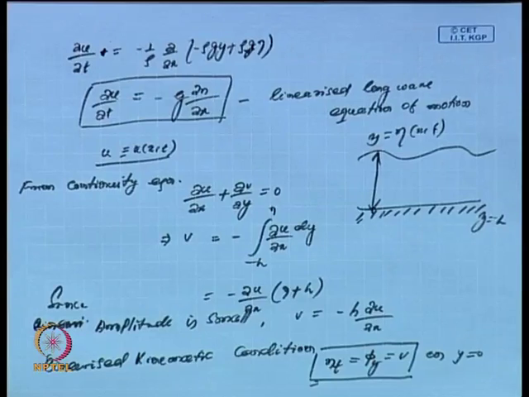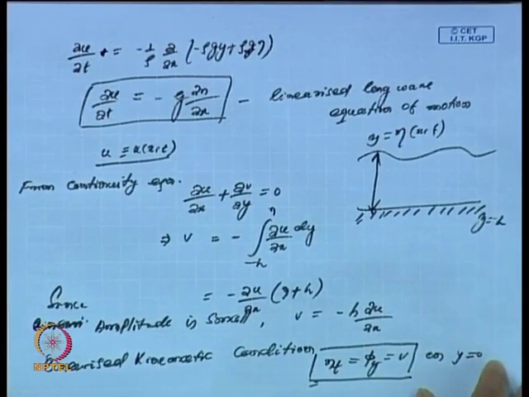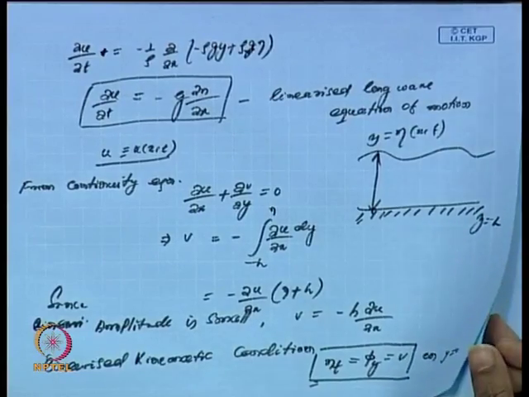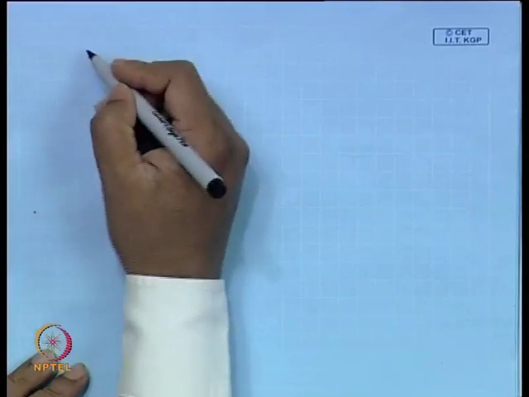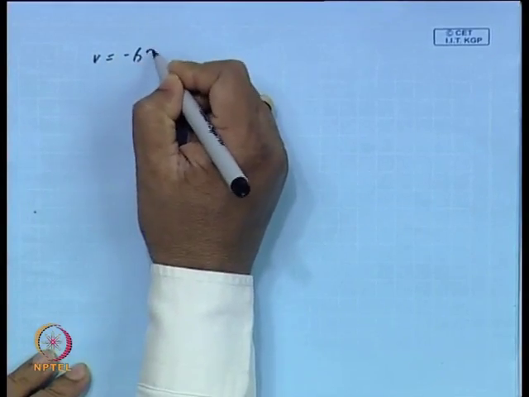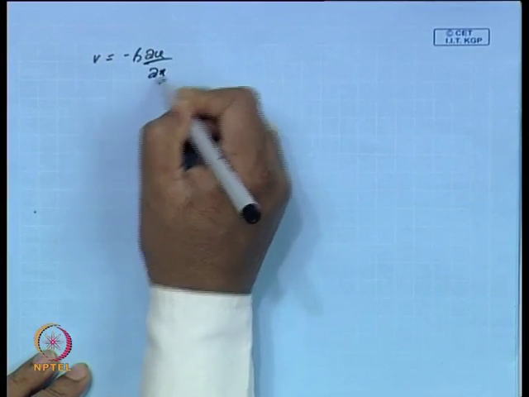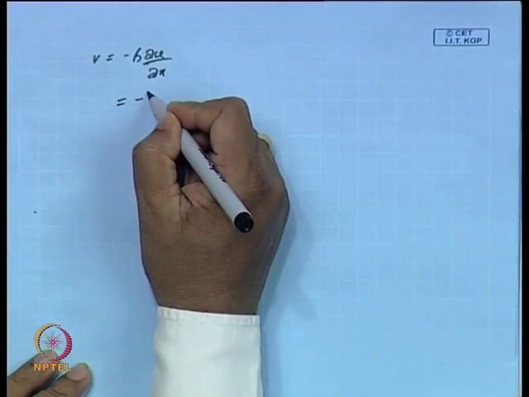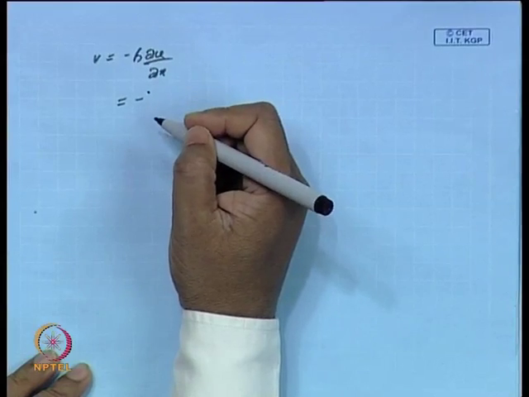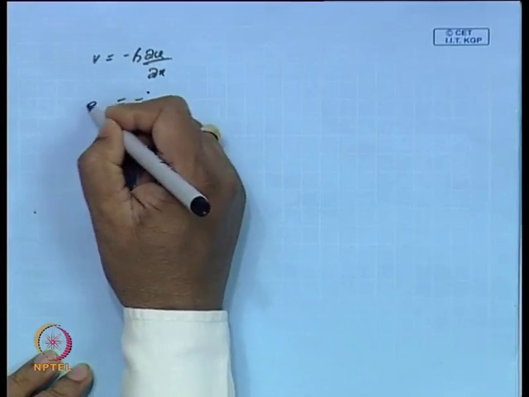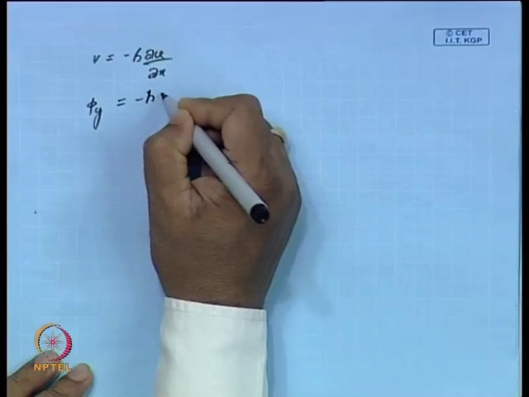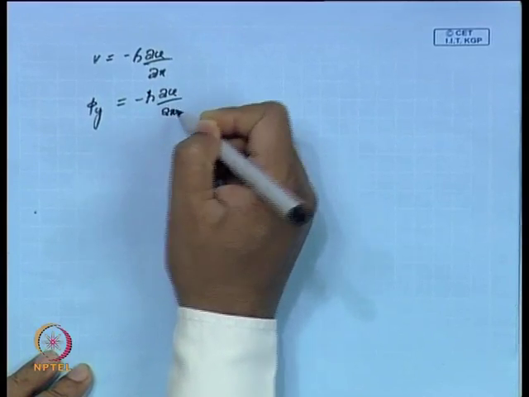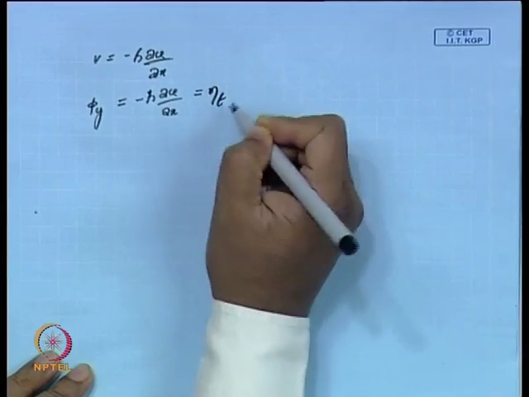Now, if I substitute for this, my velocity v is minus h into del u by del x, and this is nothing but phi y, which is minus h del u by del x, and phi y is eta t, so that gives me eta t.